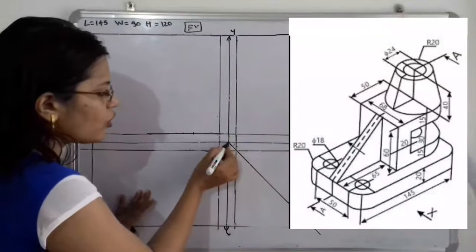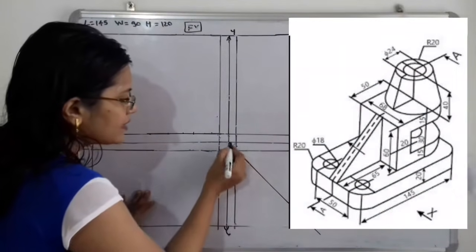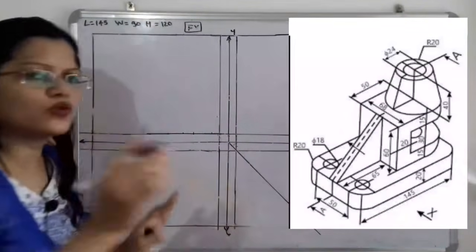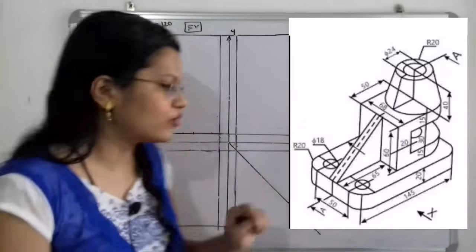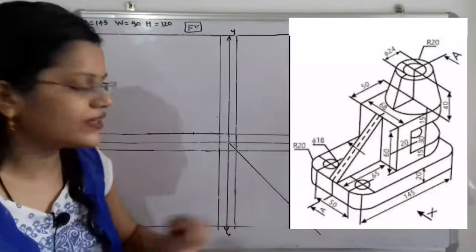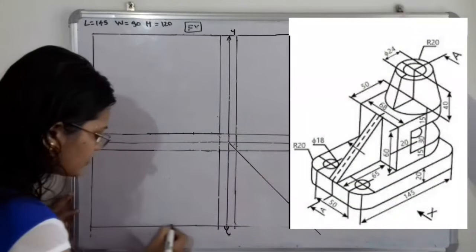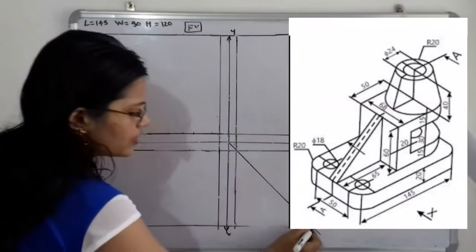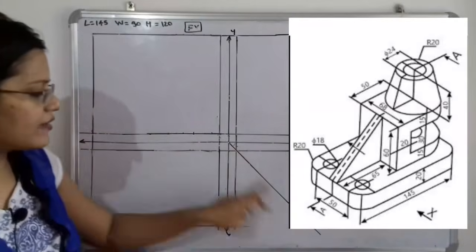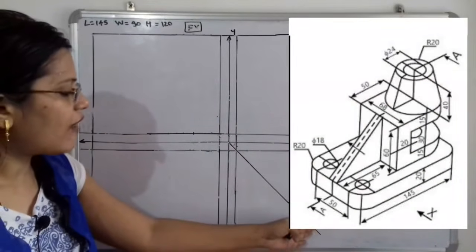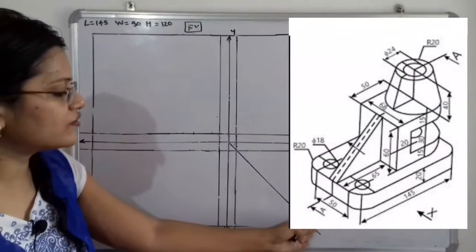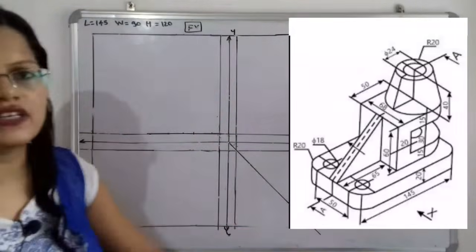In the fourth quadrant we have to split this 90-degree angle into two, that is 45-degree and 45-degree. So here is the line with 45-degree angle. Now project this line up to this 45-degree angle line, and after the point of intersection, from that point draw a straight vertical line.